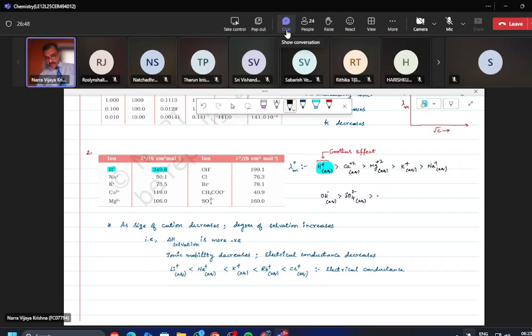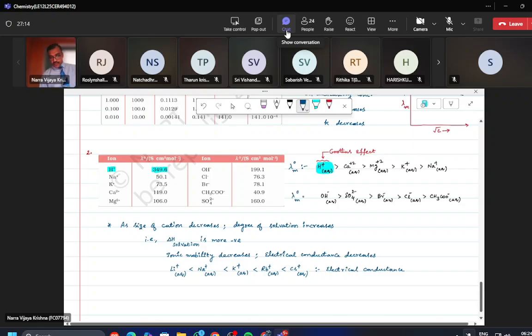After SO4 2-, Br-, Cl-, CH3COO-. This is among anions, this is among cations. Both are about molar conductance at infinite dilution.